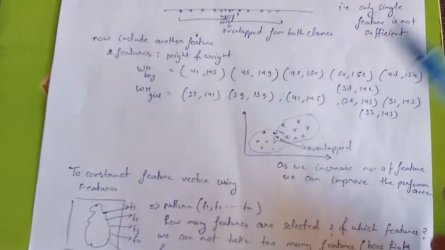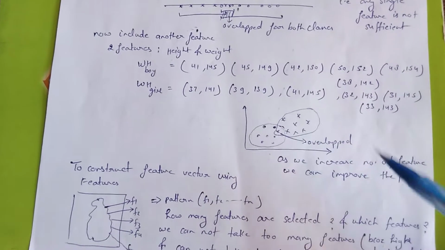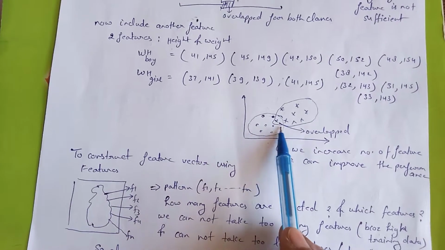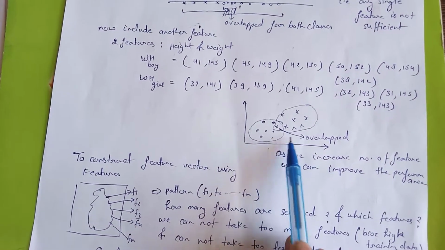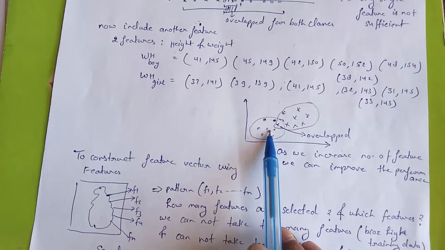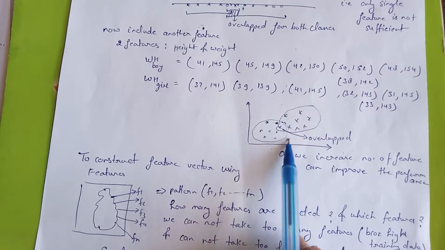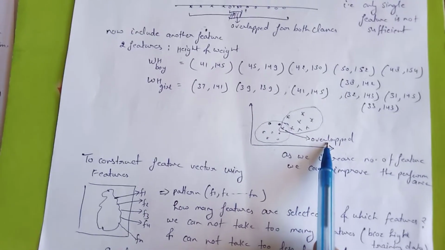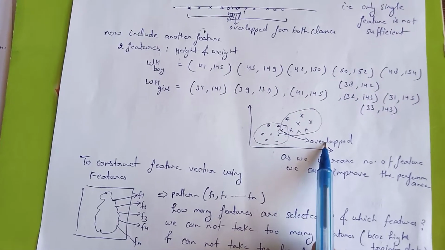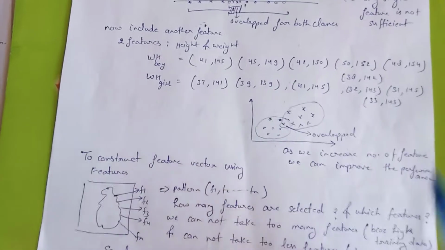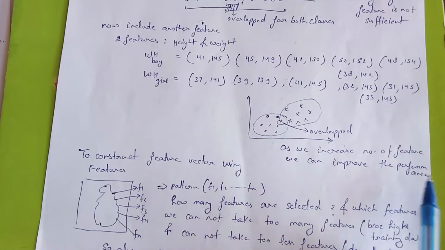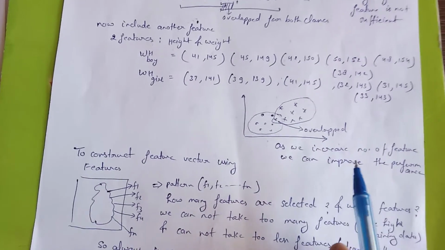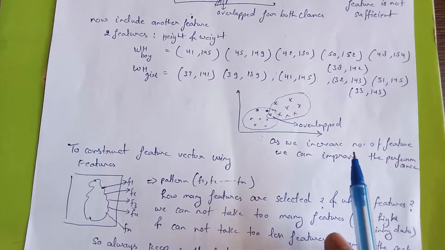This means that as we increase the number of features, obviously we can improve our classifier, but in some cases the classifier is still not classifying correctly, due to the overlapped region. So with an increment of features we can improve, but as we increase the number of features the complexity will also increase, or the training data set will also increase.